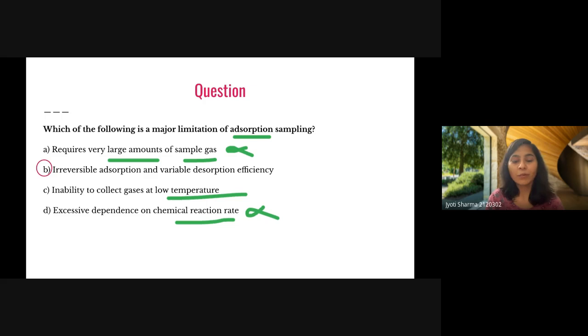But sometimes the problem we may have, for example, if we have charcoal or silica, and there is adsorption on that charcoal or silica, but to extract our air from that charcoal or silica is a little more difficult for us, to extract gas from the adsorption site. And even the efficiency of this adsorption is very low. So this is the major limitation. So that's why B is the right answer.